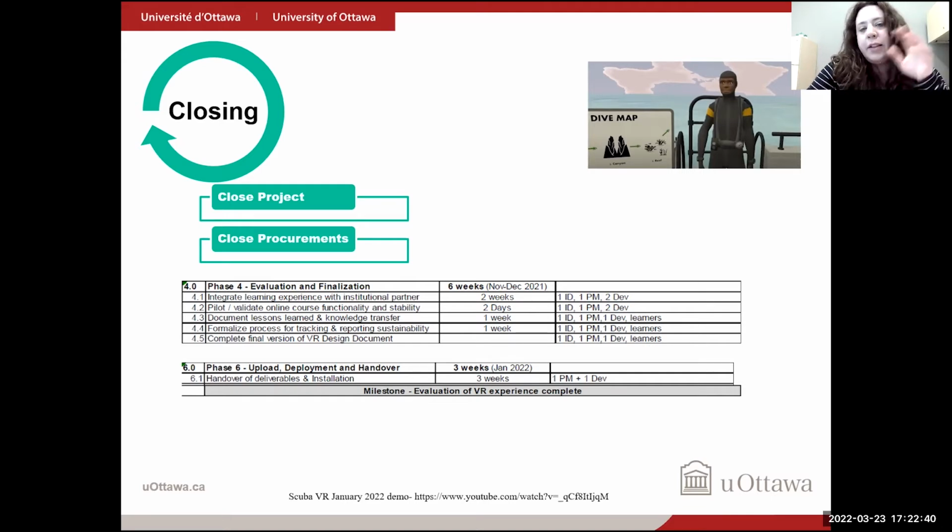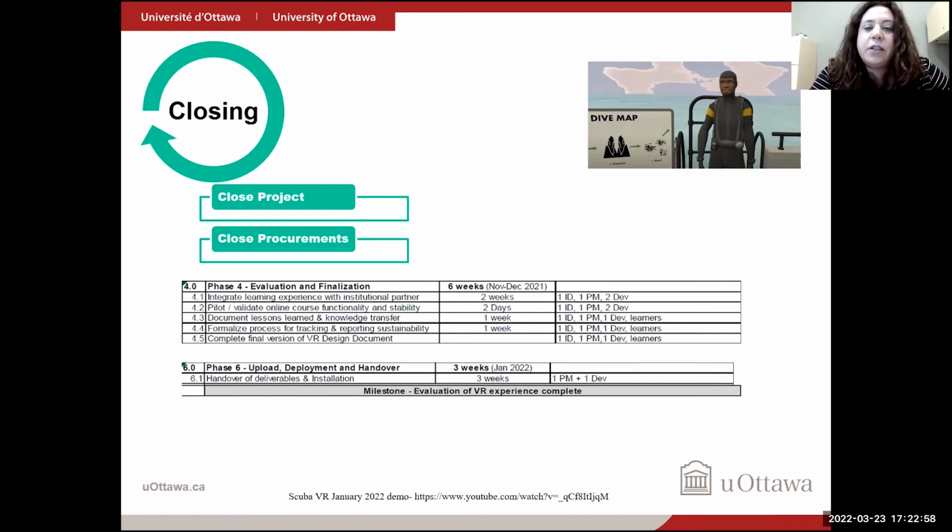This is where all the documentation that you've been doing throughout, identifying risks, identifying your stakeholders, all becomes part of your closing documentation, because as a part of handover, you're not just handing over this VR application, okay, here you go, use it.